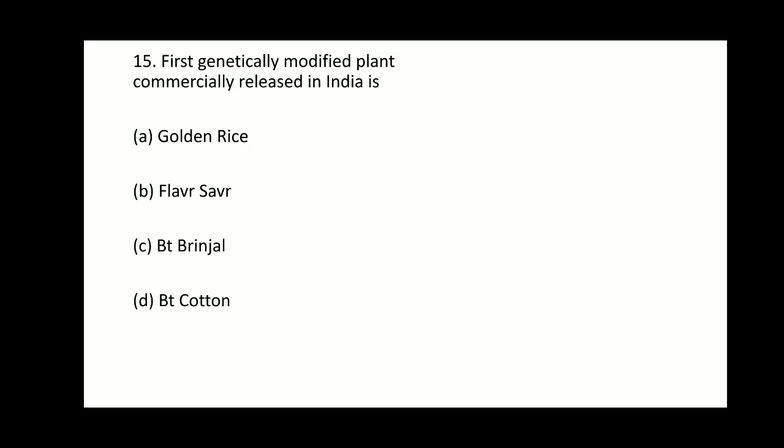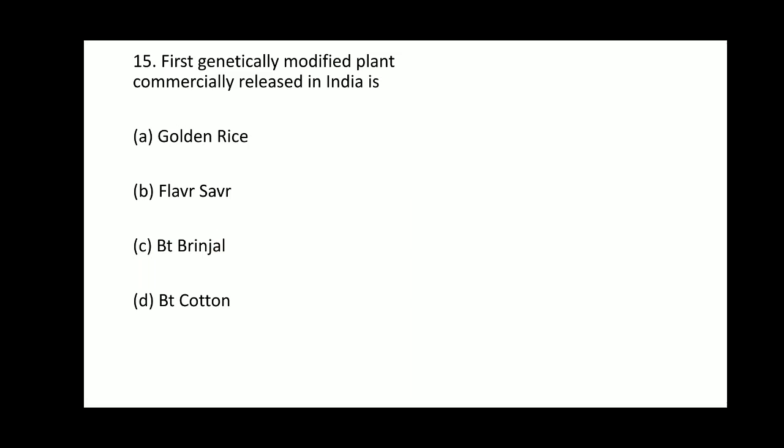Then moving on to the last question, question number 15. First genetically modified plant commercially released in India is: golden rice, Flavr Savr, Bt brinjal, Bt cotton.